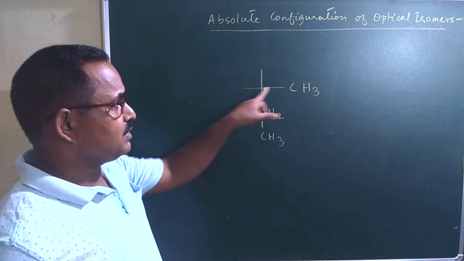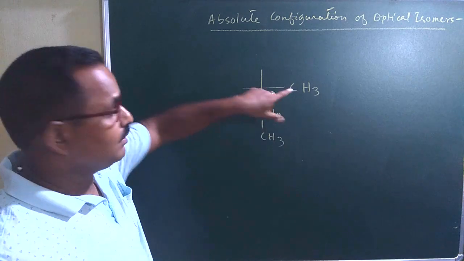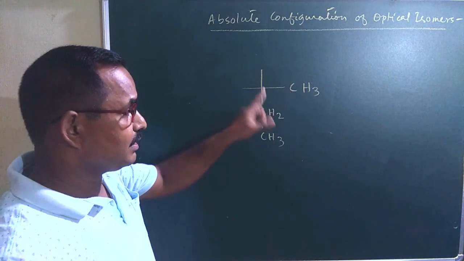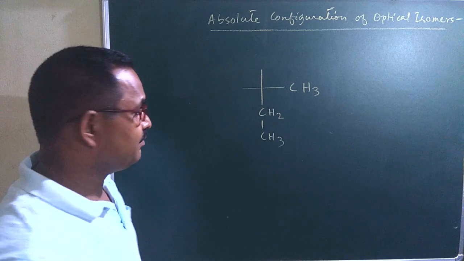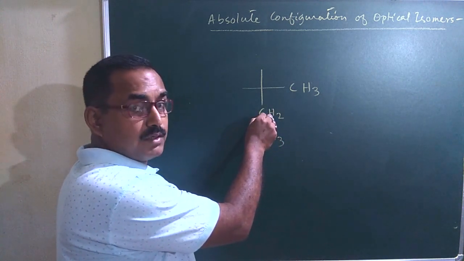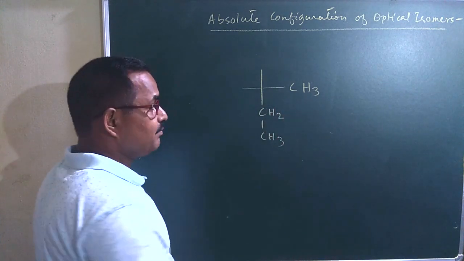This is the atom which is directly linked to the chiral carbon. It is carbon. In this case also this is carbon. So if this happens, then we have to go to the second atom. If the first atom is unable to assign the priority of a group, you have to look at the second atom.